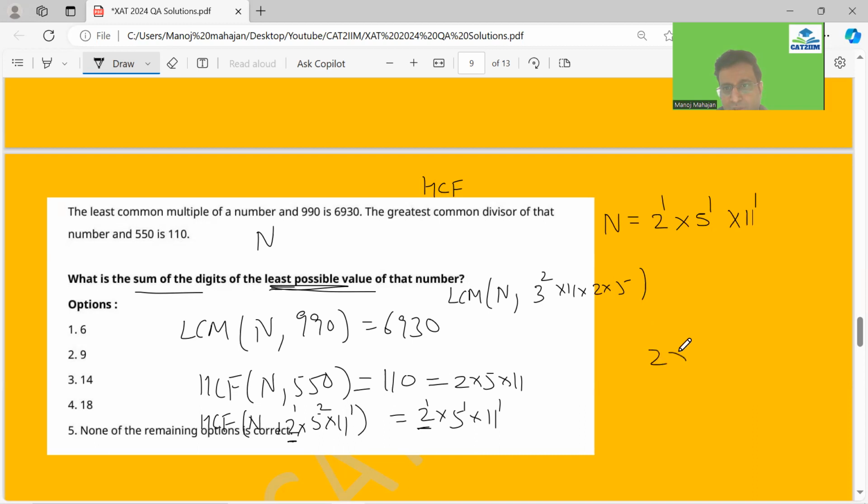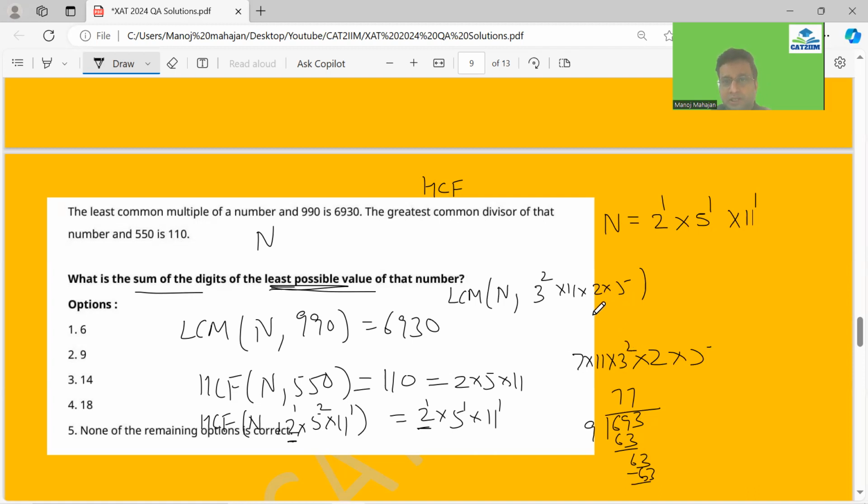So 10 I can write 2 into 5 separately. 693, let's first divide by 9 out here, because the sum of the digits is divisible by 9. So 9 sevens are 63 and 6 3. So again we have 7 out here, right? Okay. So yes, 77, which could be written as 7 into 11.